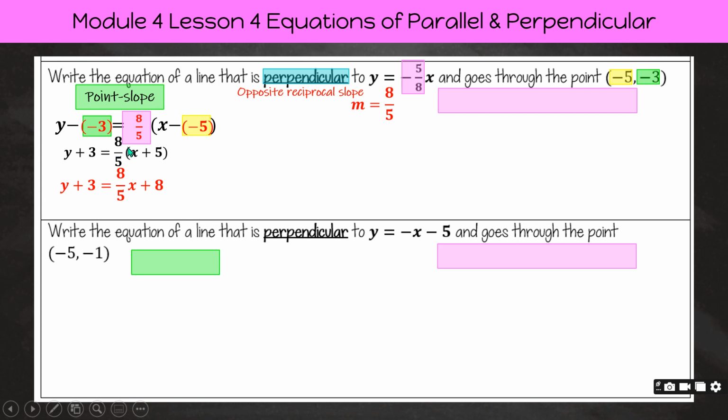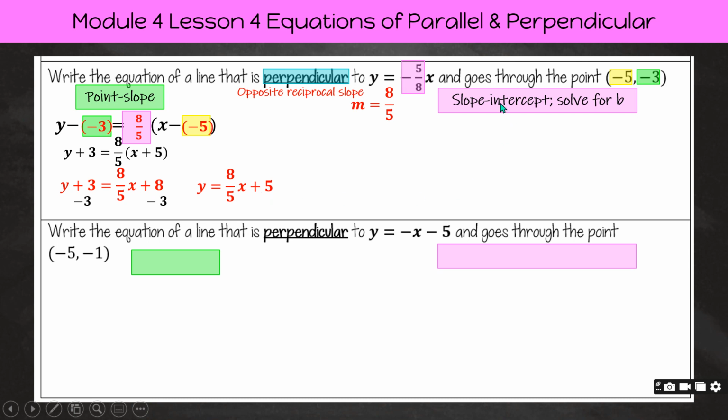Then I have to distribute the 8/5, so I'm going to have 8/5 x, and 8/5 times 5 is 8. Then I have plus 3, so I have to subtract 3 from both sides, and my final answer is y is equal to 8/5 x plus 5.